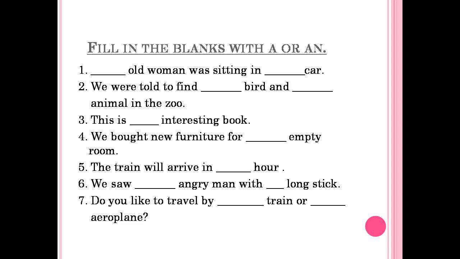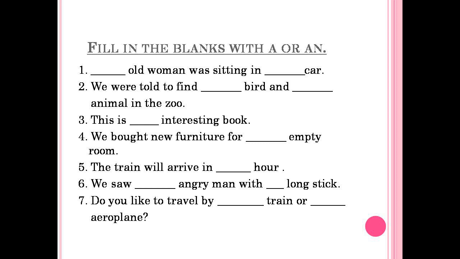Here, hour, this word is beginning with the letter H, but the sound is "our", right? So it is a vowel sound, and that is why H is silent over here and the word begins with the next letter's sound. So we'll use an before it. The train will arrive in an hour.